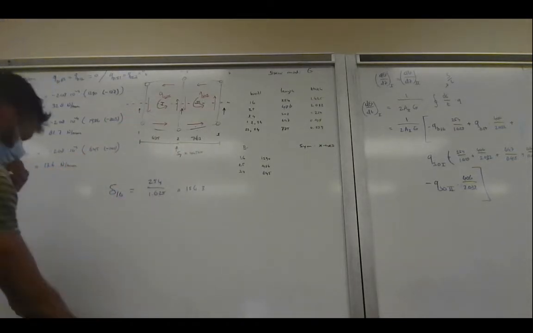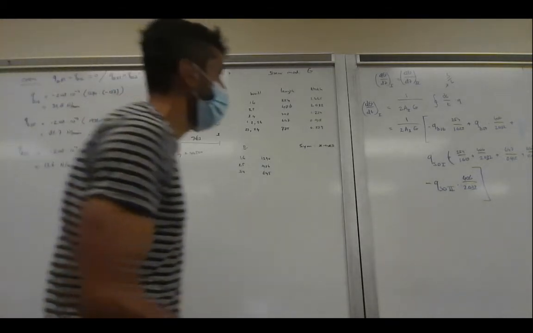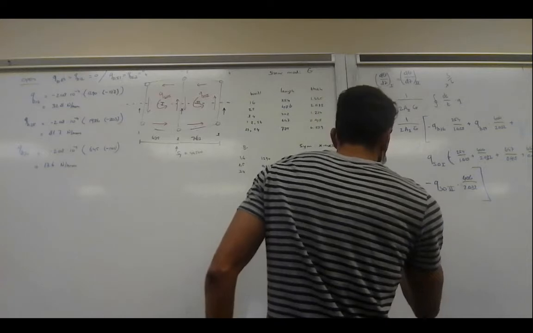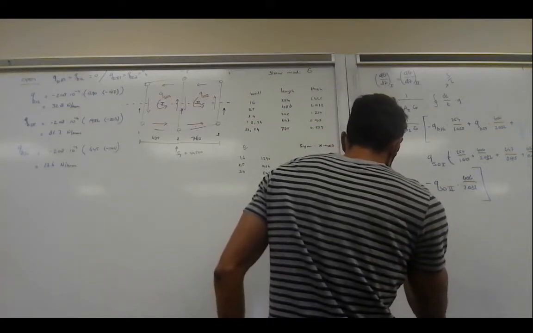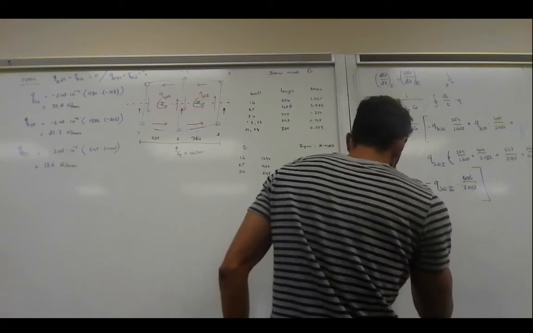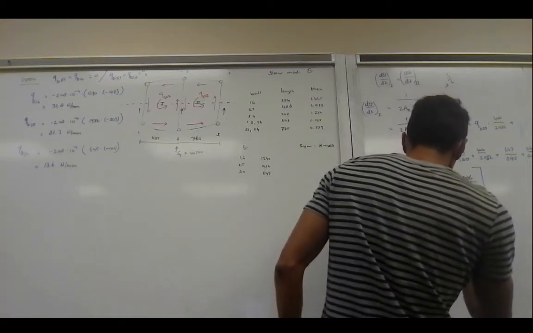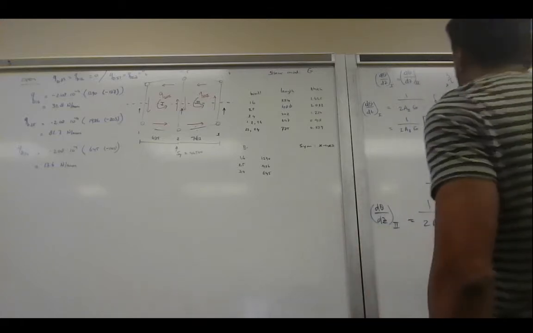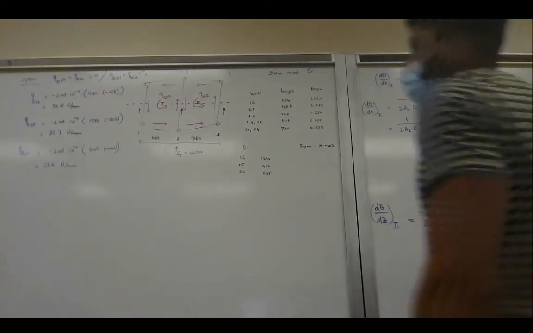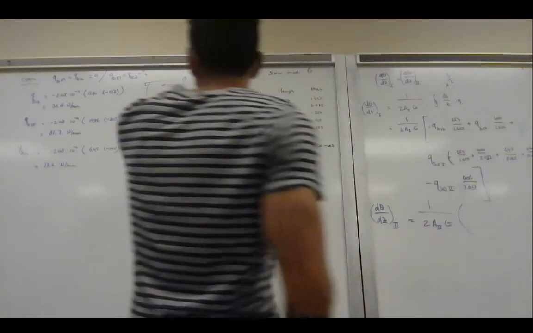Okay, so we do the same thing for the other segment as well. d theta dz of 2. Let's do that a bit quicker this time. So 1 over 2 times the area of 2. The shear modulus is the same. Again we assume counterclockwise positive, so in this case 4 is positive, 2,5 is negative.